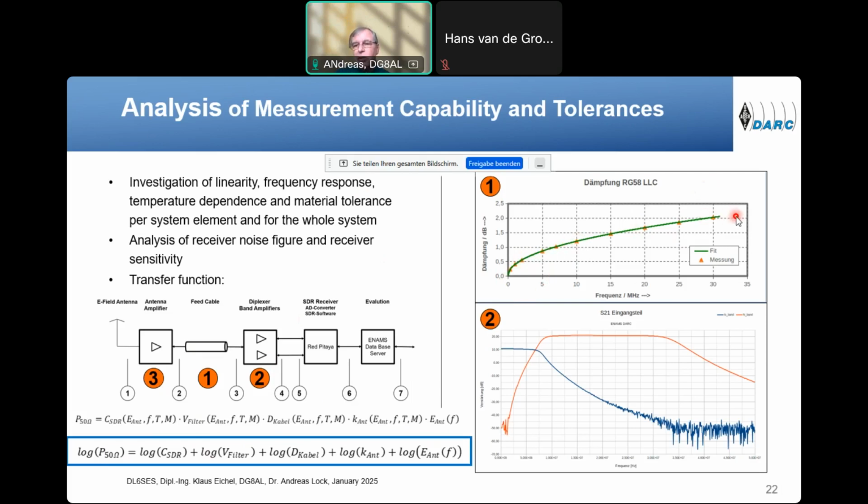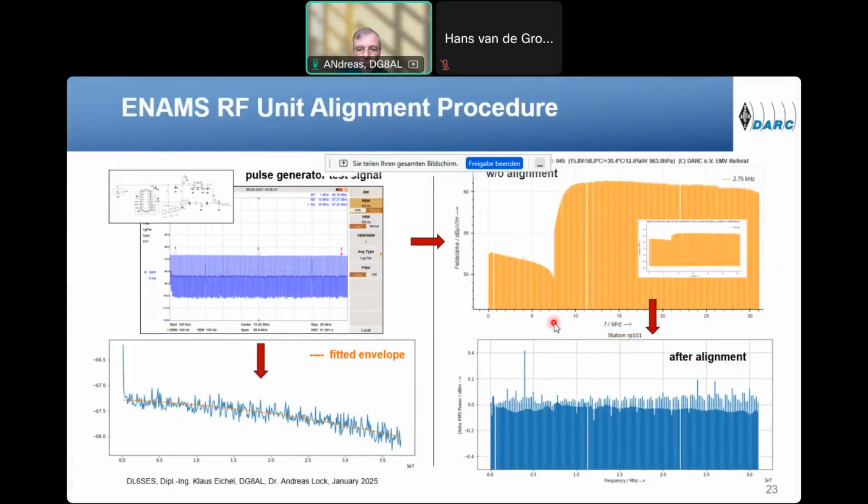This is the green curve, because we need this function since in each spectrum we have about 100,000 data points, and it's easier for the calibration and alignment to have a numerical function that gives you the attenuation at each frequency point. The same holds for the filter curves of the low pass and high pass filter. We also fitted them with an analytical function.